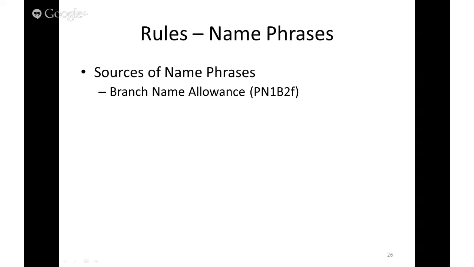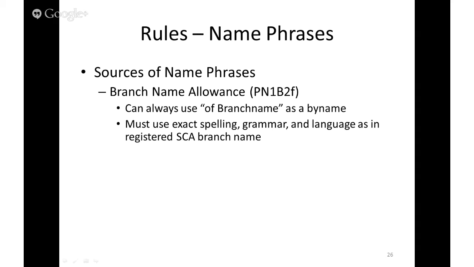Okay, so other sources of name phrases. We have what's called a branch name allowance, which basically means you can say of whatever SCA branch name you have as a by name. So I'm here in Ustgard, you can say of Ustgard. You have to use the exact spelling, grammar, and language as in the registered SCA branch name.